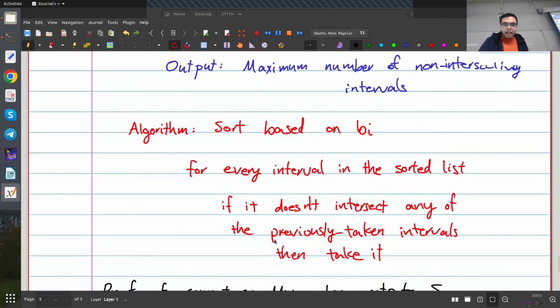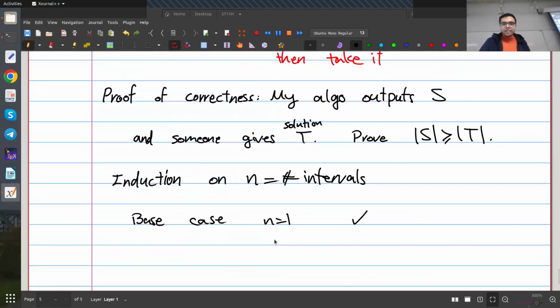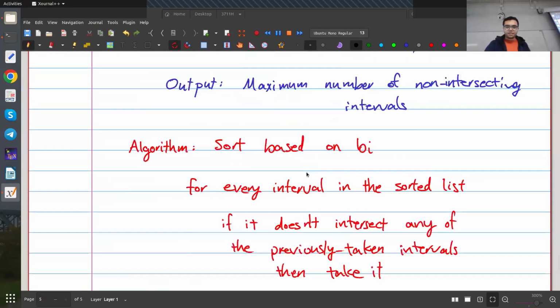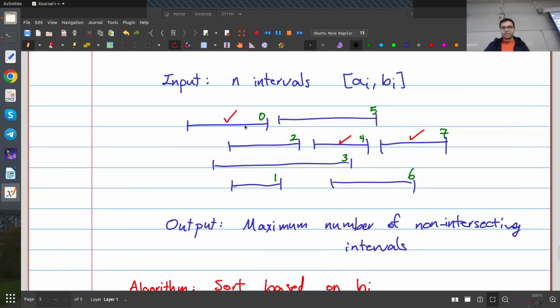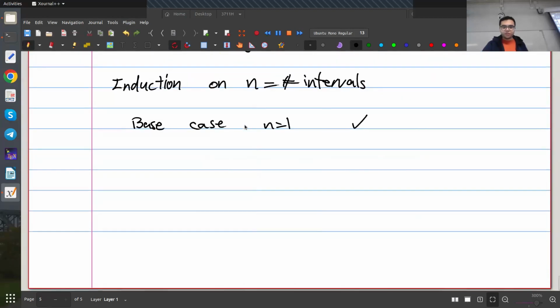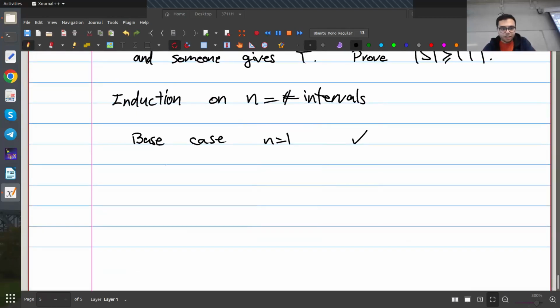Okay. Now, in any other case, someone else has given me a solution T. I ask, is this first segment that I put into my algorithm in T as well or not? So I ask this, is this segment 0 in T?